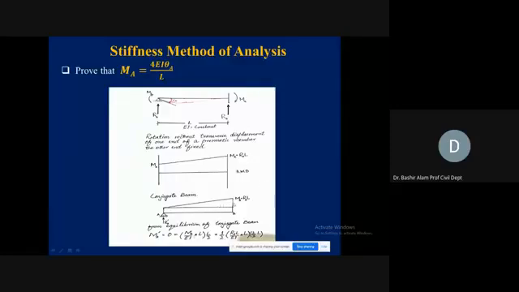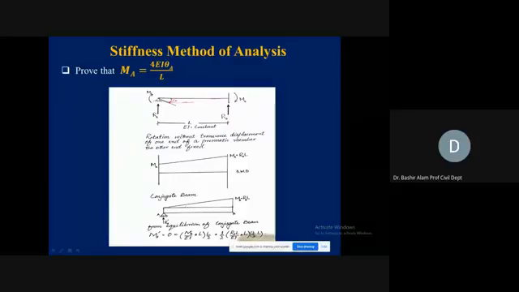Then we take the triangle now. What will be the load of this triangle? It will be half of RA L over EI times L, this length. This will be the equivalent load of this triangle. And how much will be the moment arm from this A? It will be 2/3 of this length.